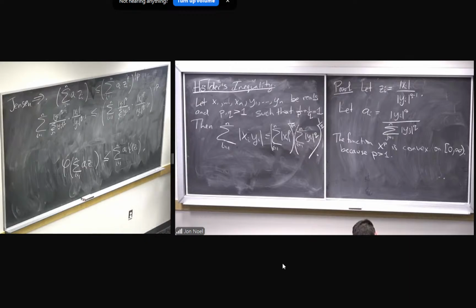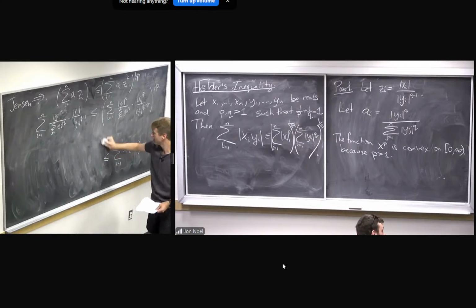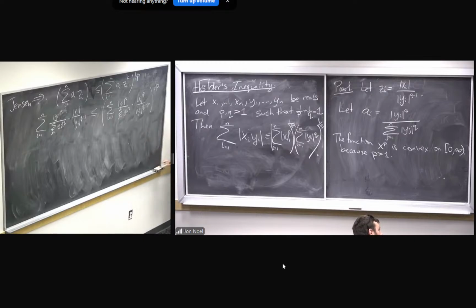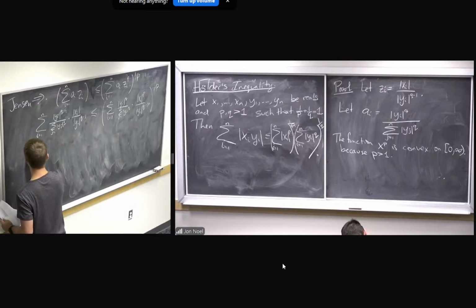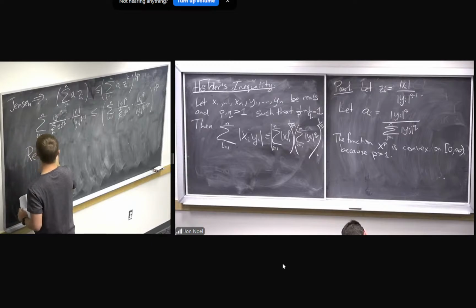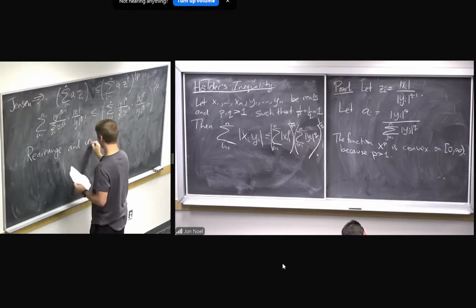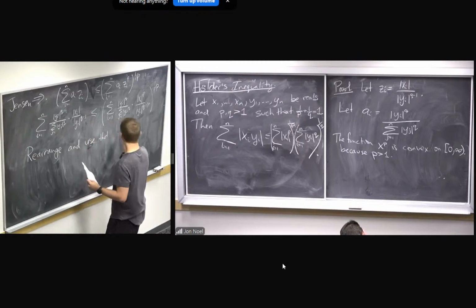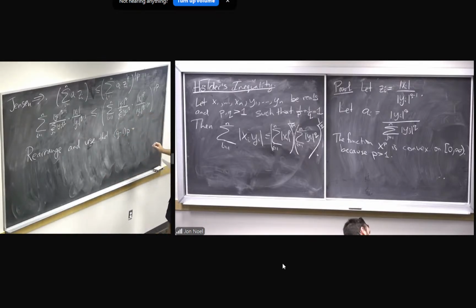Okay, so we've got some of the stuff we want. We've applied Jensen. I don't need this anymore. Well, we are kind of out of time, so maybe I'll just say, if we rearrange this, and use that q minus 1 times p is equal to q, because here I'm using that 1 over p plus 1 over q equals 1.